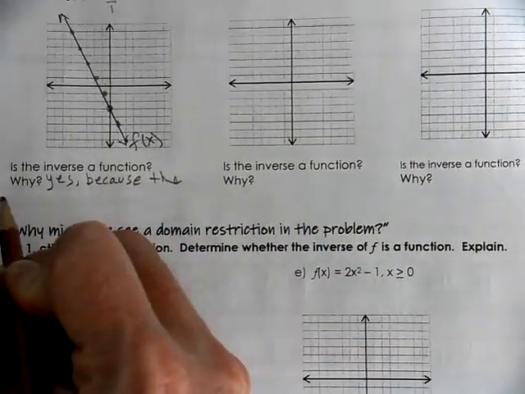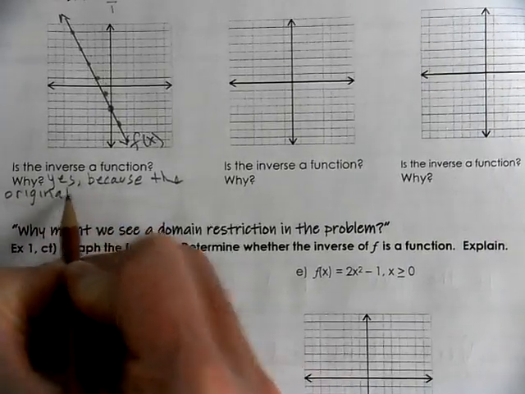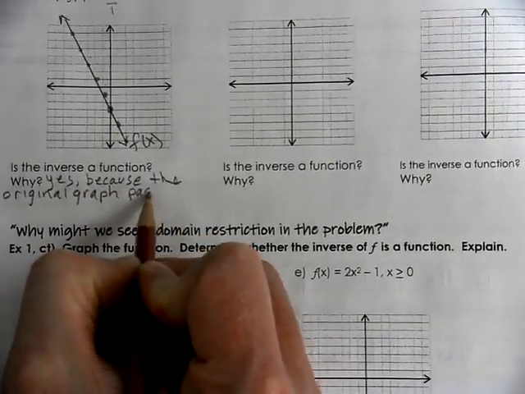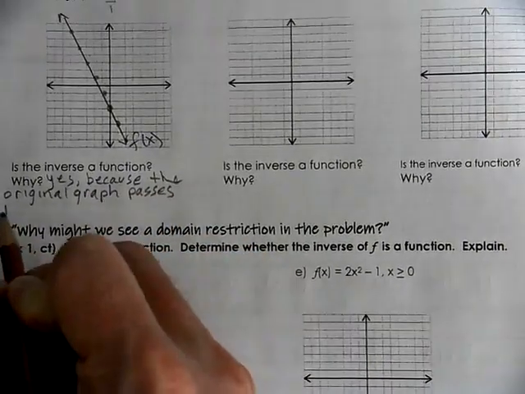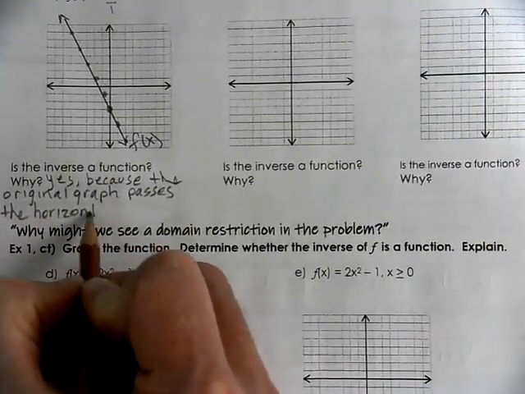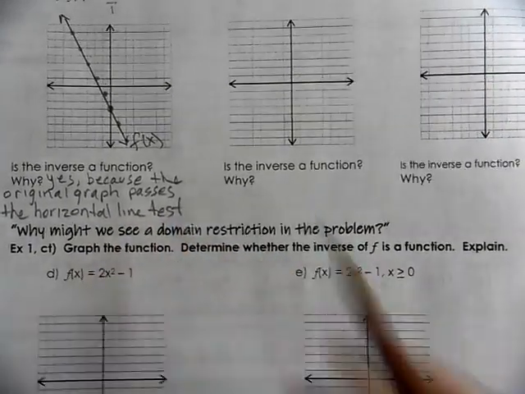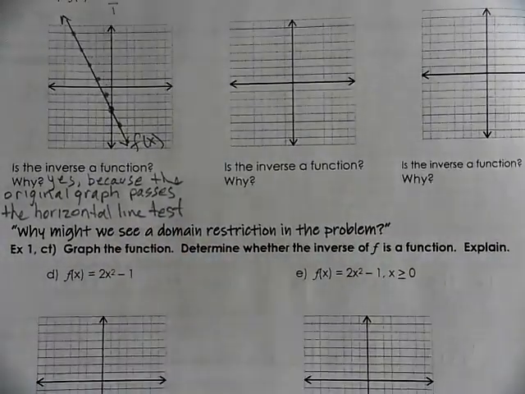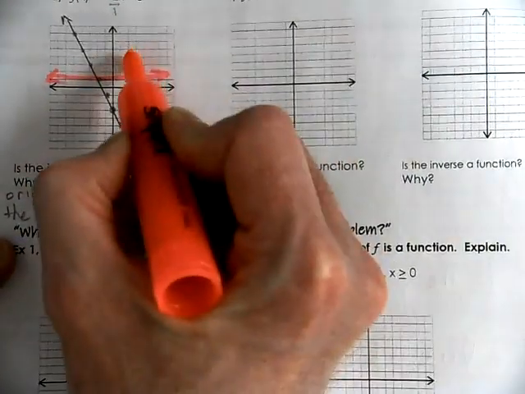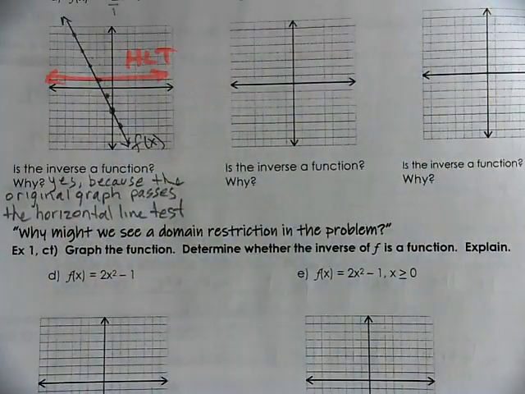Because the original graph passes the horizontal line test. It would not matter where we draw this horizontal line, HLT.